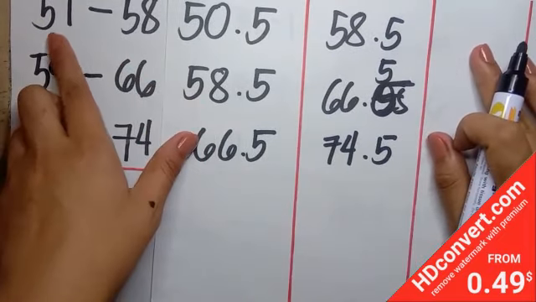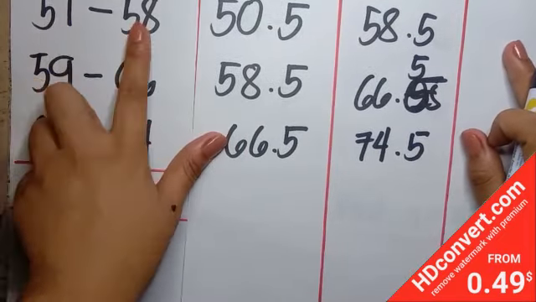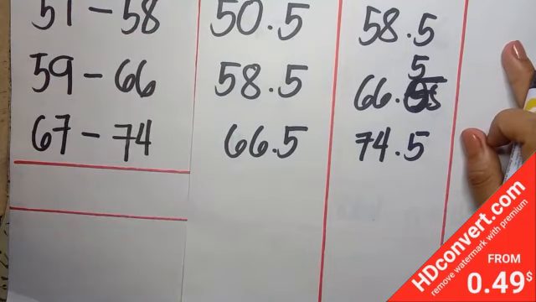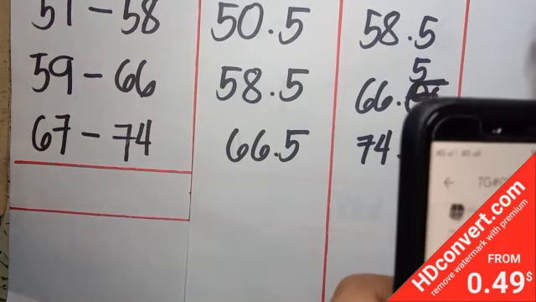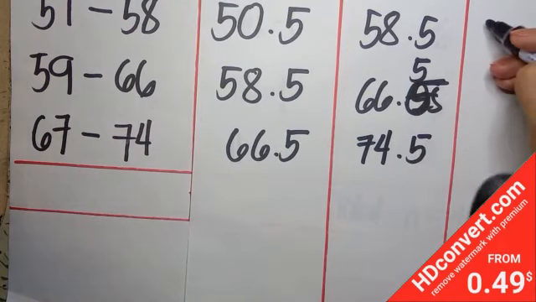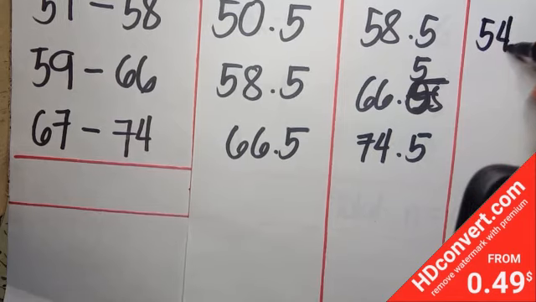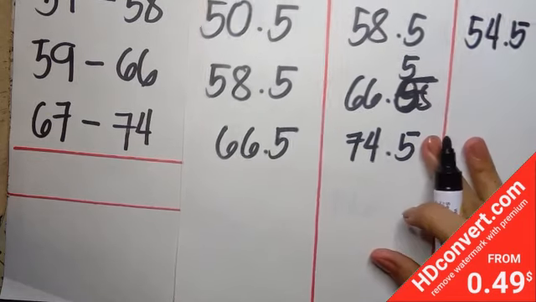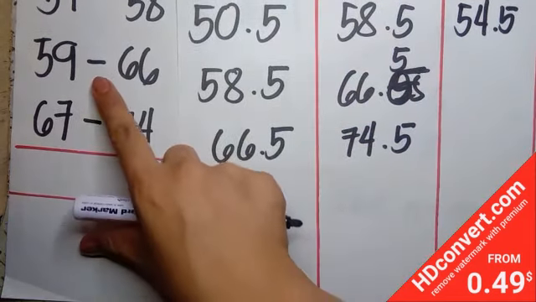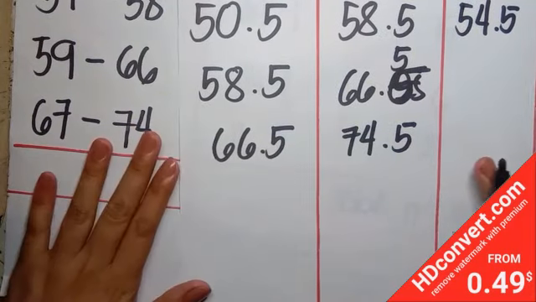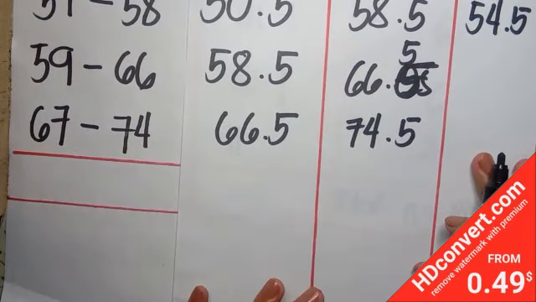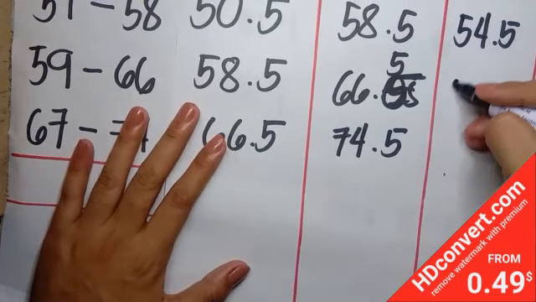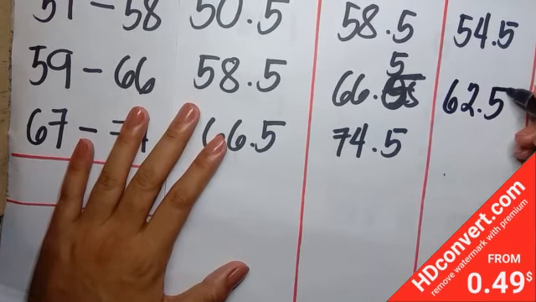Meron tayong 51 plus 58 divided by 2, 54.5. Next, 59 plus 66 divided by 2, 62.5.